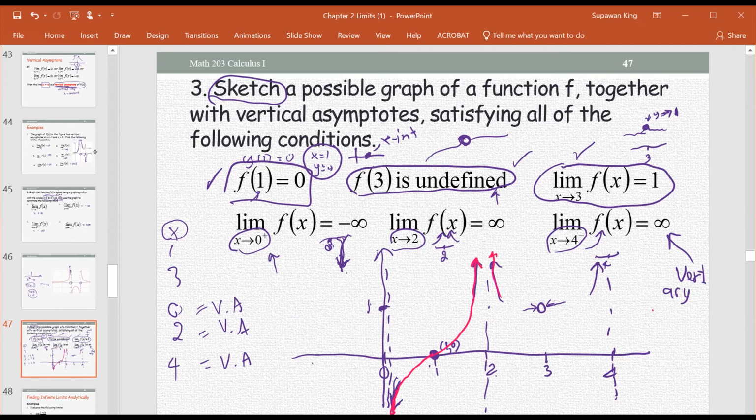But when it gets close to 3, the limit value approaches the value 1. Jump, because at this point the function is undefined. And over to the right, it keeps going and approaches positive infinity as x approaches 4 from the left. So this is one of the sketch curves that satisfies the information provided.